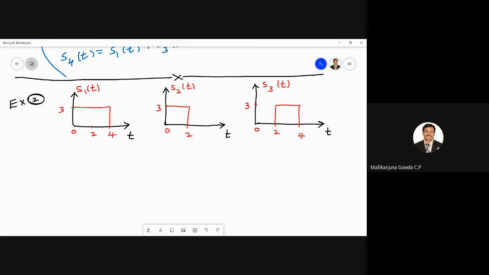Express signals S1 of t, S2 of t, and S3 of t in terms of orthonormal basis function. I repeat once again, express signals S1 of t, S2 of t, and S3 of t in terms of orthonormal basis function. Also, give the signal constellation diagram.